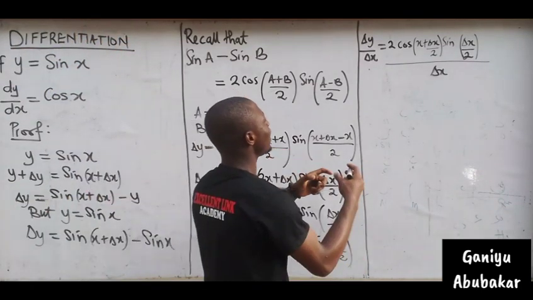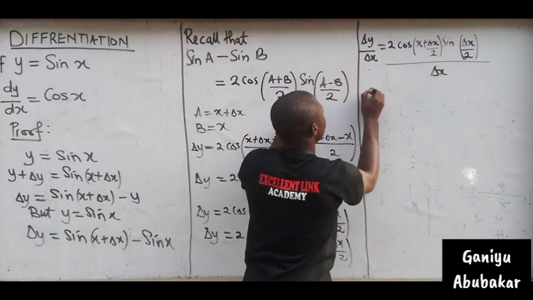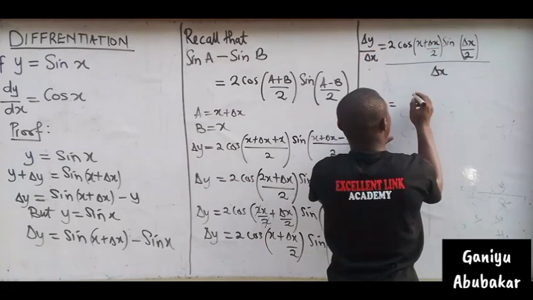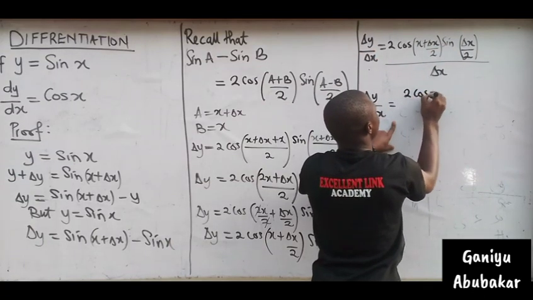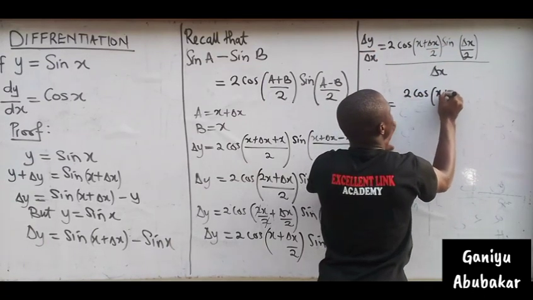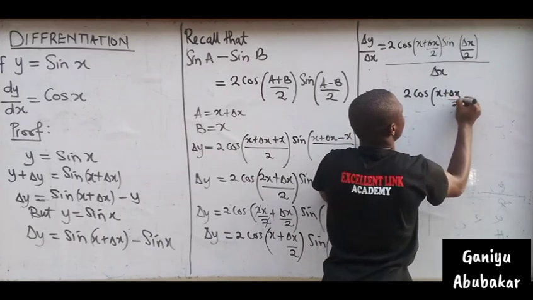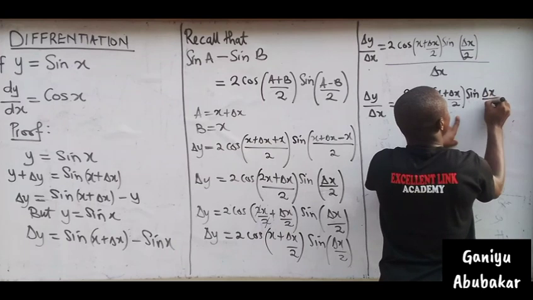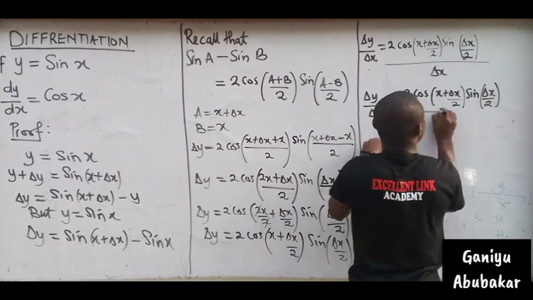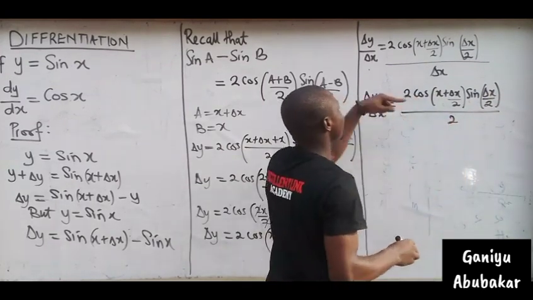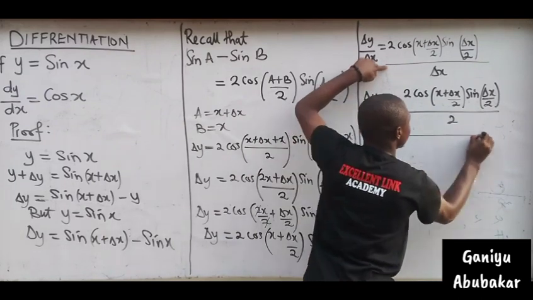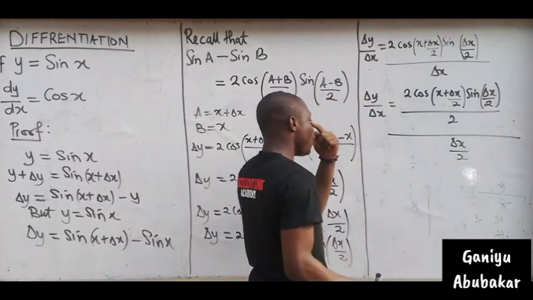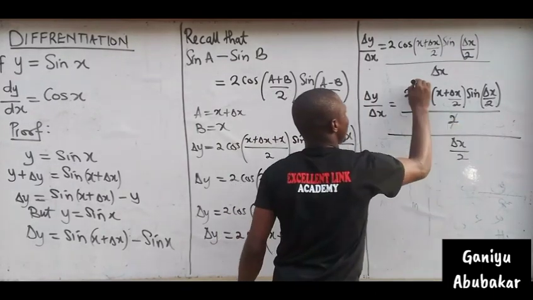So taking the numerator, I'll have that change in y over change in x is obviously, the numerator is 2 cos x plus change in x over 2, then sine change in x over 2, then divided by 2 first. Next, I have this over change in x over 2.